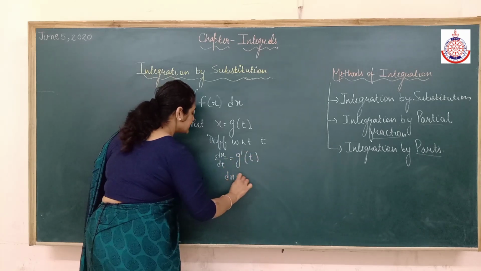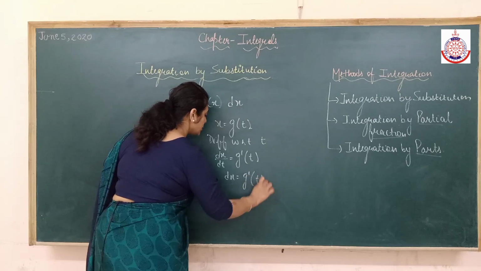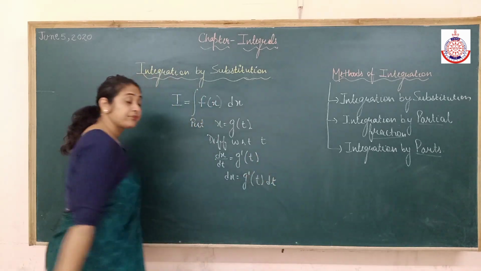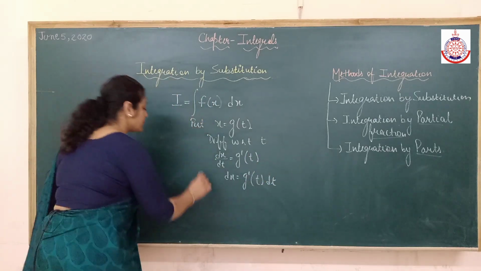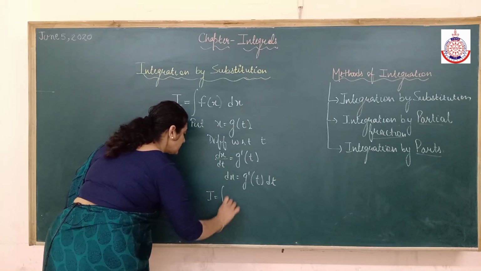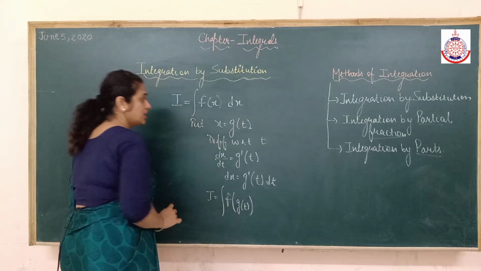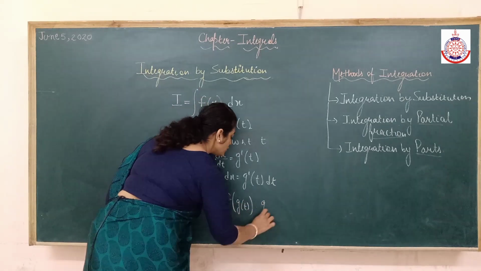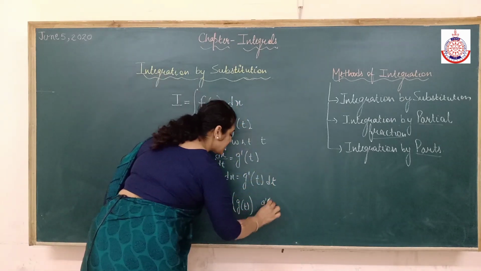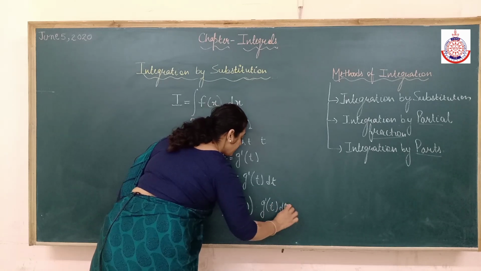So dx is equals to g dash t dt. Is it clear? So now my function has become f of g of t into the value of dx, g dash t dt.